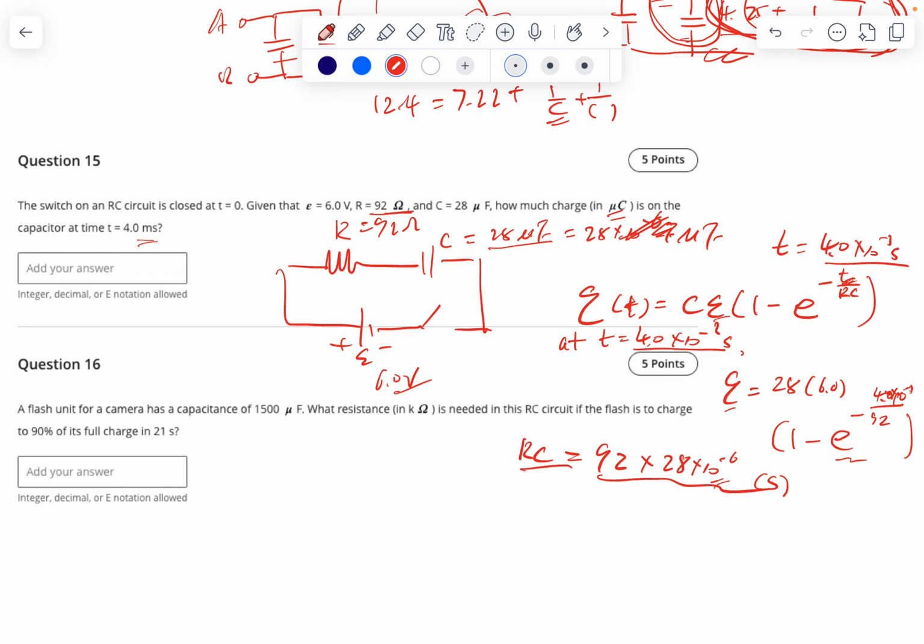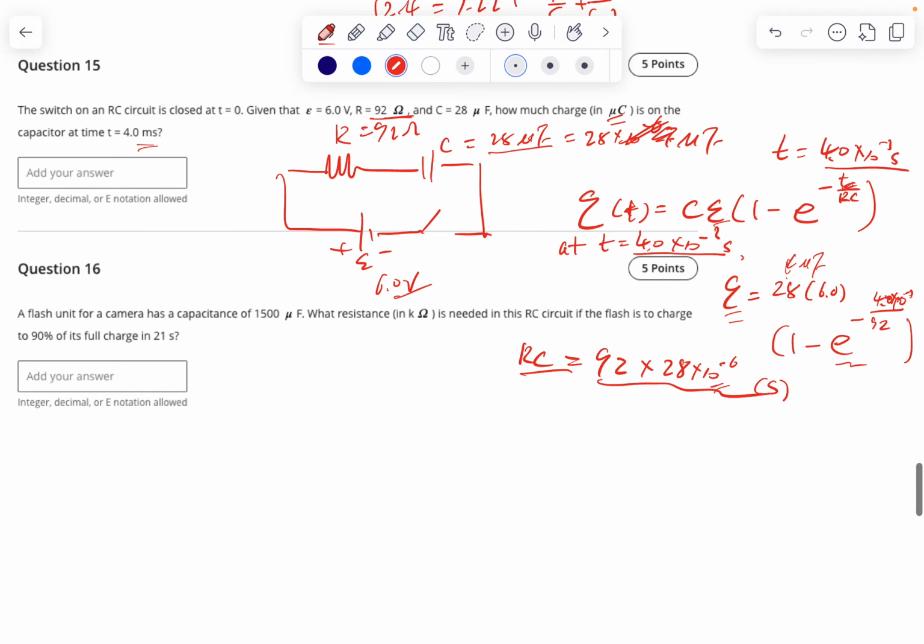And then you figure out the amount of charge. So looking for how much charge in microcoulomb is on the capacitor. Why microcoulomb? Because you use 28, so this is microfarad. Whatever you get is in microcoulomb.